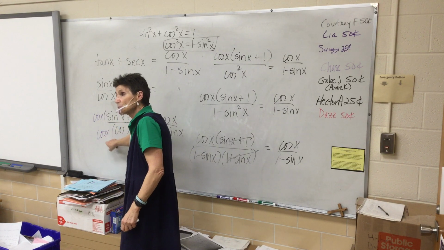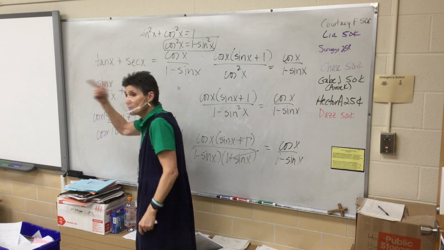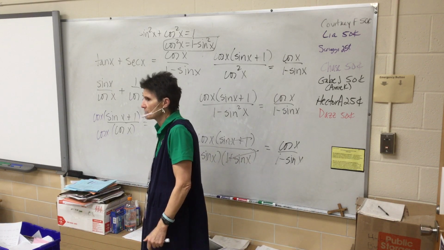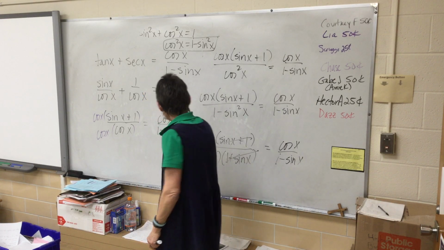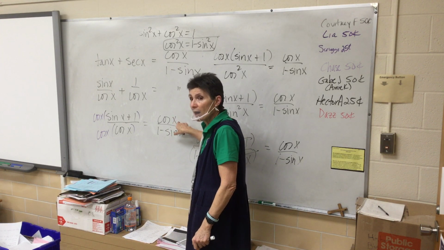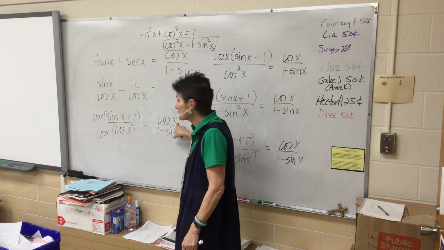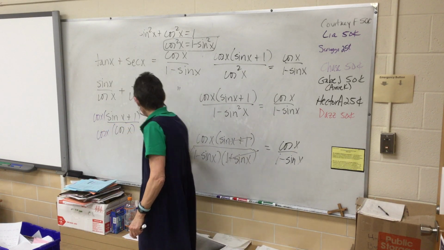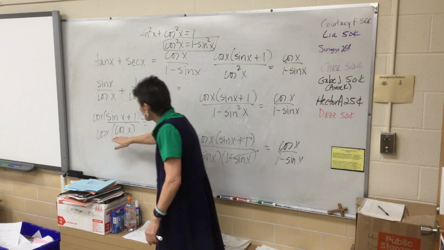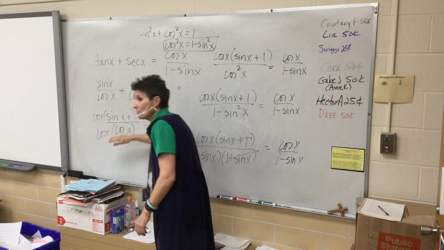I stuck that cosine in there. What motivation did I have to stick in a cosine? Why didn't I stick in a sine or something? Because I know this is what I wanted to end up with, right? So I wanted to put a cosine into the numerator so that I had at least part of what I wanted. Now, as soon as I did that, I had a cosine squared, right?